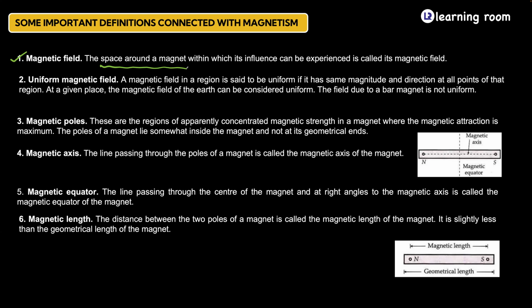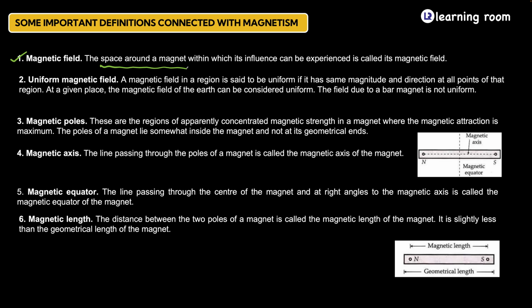So where is the magnetic field for this? There is a region surrounding this. Similarly, for this, there is a region surrounding it. That region is what is called the magnetic field, where the influence can be experienced. Influenced by whom? Influenced by other magnetic substances.